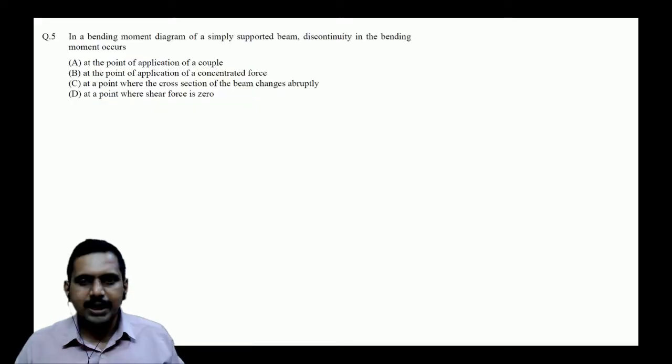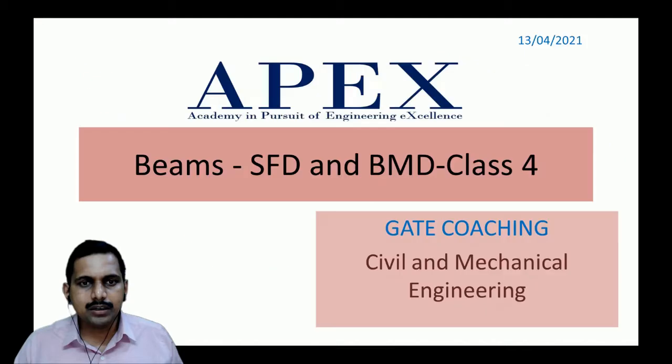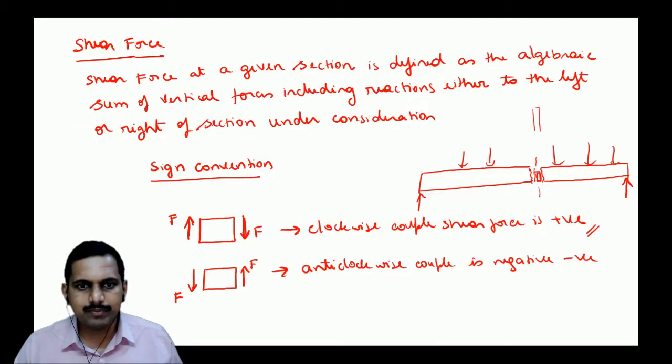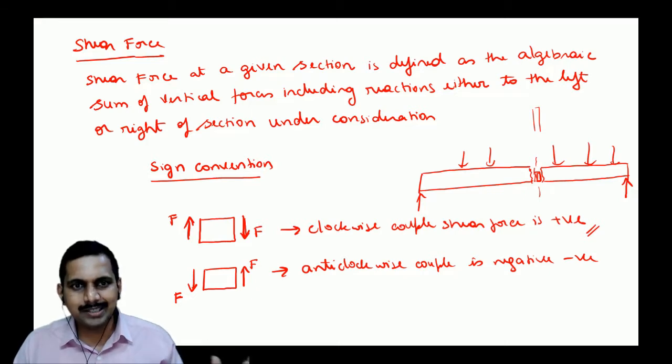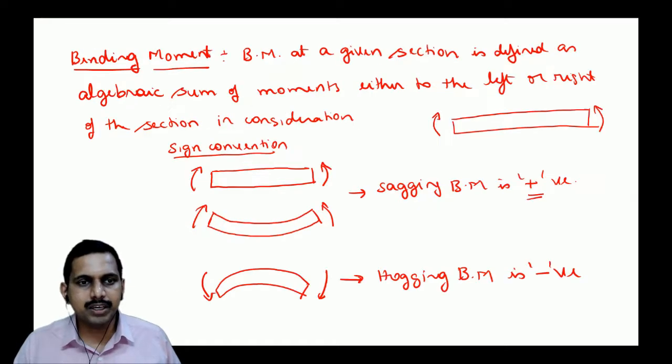So let us have a recap of whatever we have done, students. We have seen what is SFD and BMD. This was last class. Here we have seen what is shear force: on one side, all the forces. If we take the algebraic sum of vertical forces and reactions to the left, it will be our SFD.